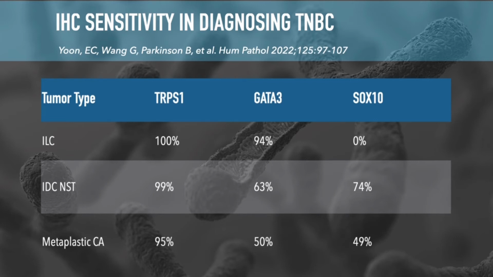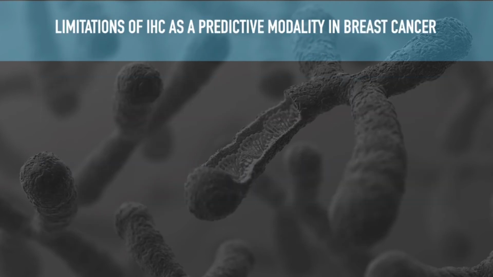This was described by the group at MD Anderson, and we use it, and our experience is actually identical to the experience of the MD Anderson group. The role of immunohistochemistry is excellent and superb in many applications in breast cancer, but it also has limitations.